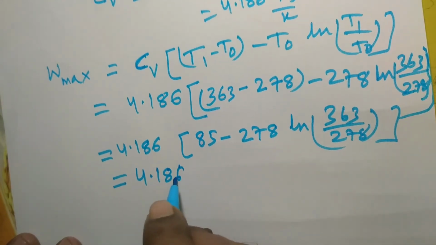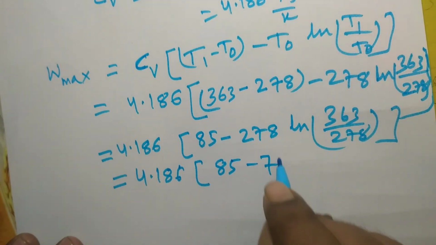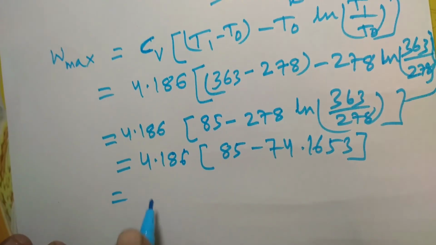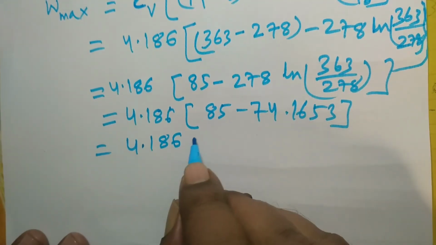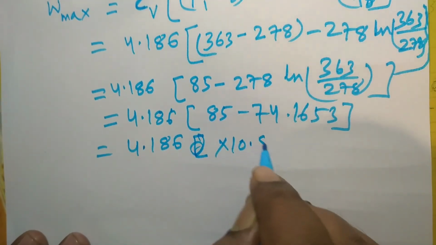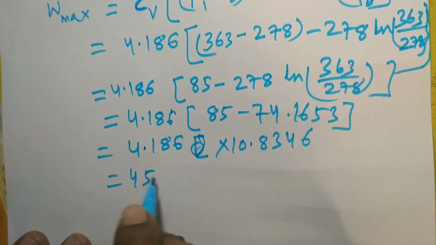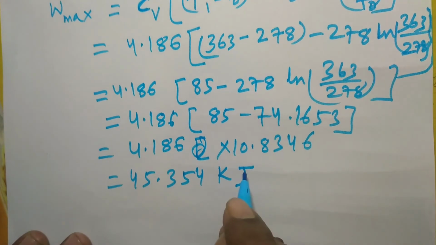and this is equal to 4.186 (85 minus 74.1653), this is equal to 4.186 (10.8346), that is equal to 45.354 kilojoule.